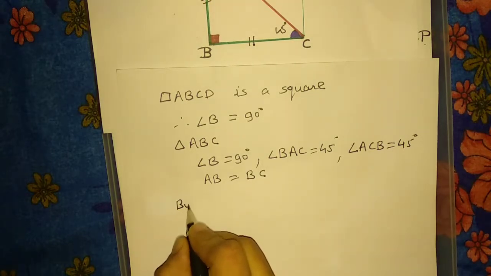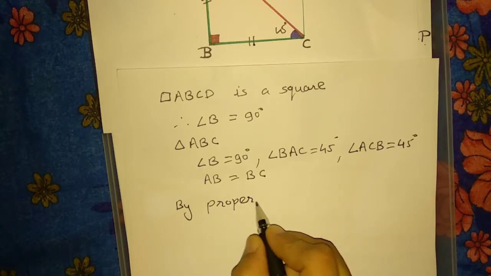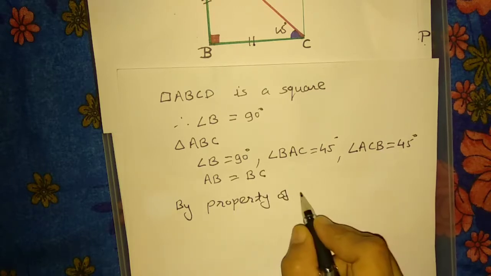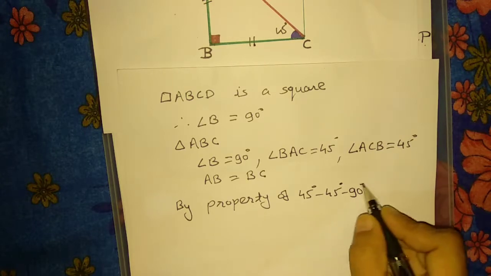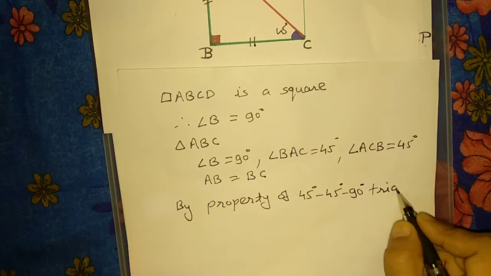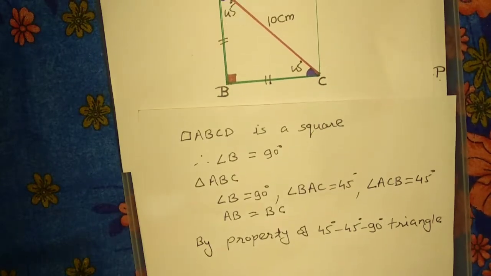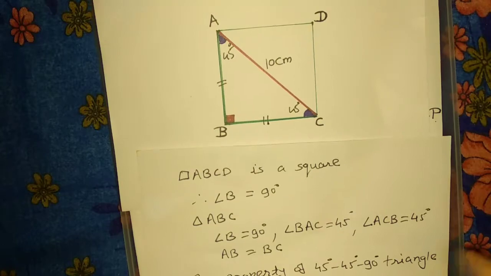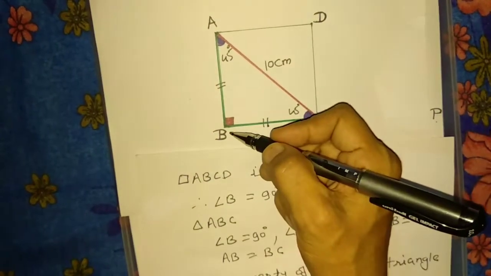By using property of 45, 45, 90 degree triangle, we have to find out side of square. Side of square is AB.